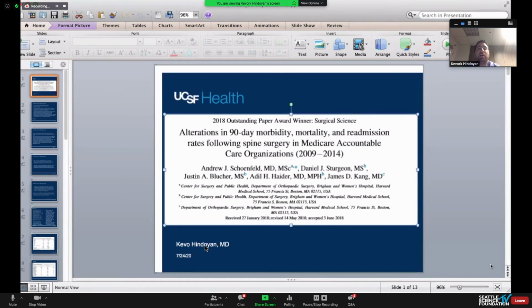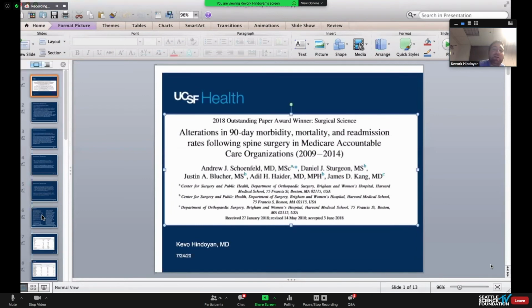So in this study, they looked at national Medicare claims data for a period overlapping the implementation of the ACA from 2009 to 2014 to evaluate the impact of ACO formation on outcomes in the 90-day period following spine surgery, including in-hospital mortality, complications, and readmissions. And the hypothesis was that post-surgical morbidity and mortality as well as readmissions would be lower among Medicare beneficiaries treated in ACOs as compared to non-ACOs.